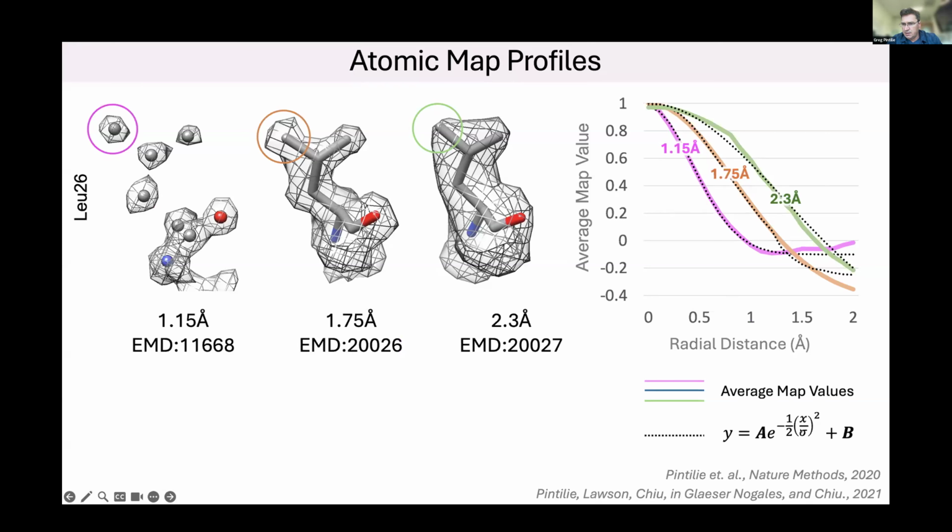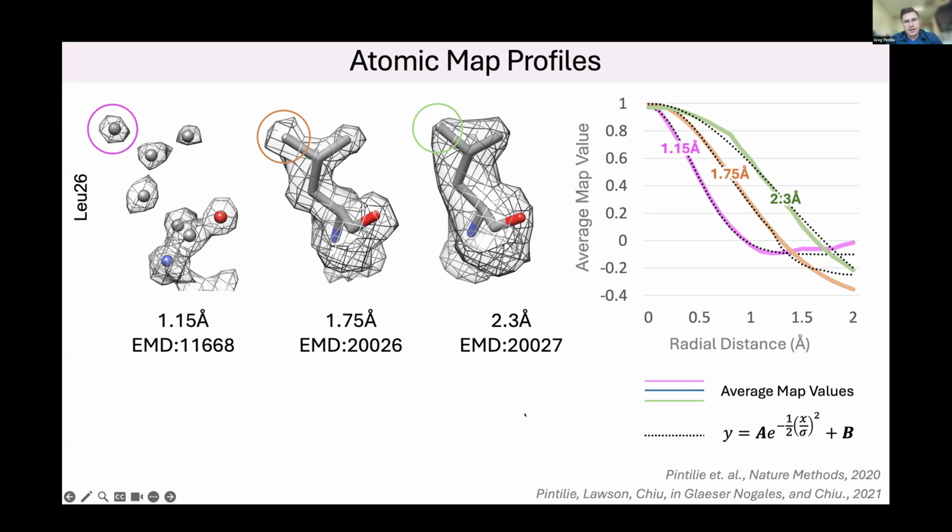The width is the sigma in this equation. The higher the sigma, the higher the width of the Gaussian. As you go to lower resolutions, the Gaussian width increases, and that's how we would usually generate these maps. If you want to generate a map at 2 angstrom resolution, you use a certain width. If you want to generate a map that's higher resolution, you use a smaller width.